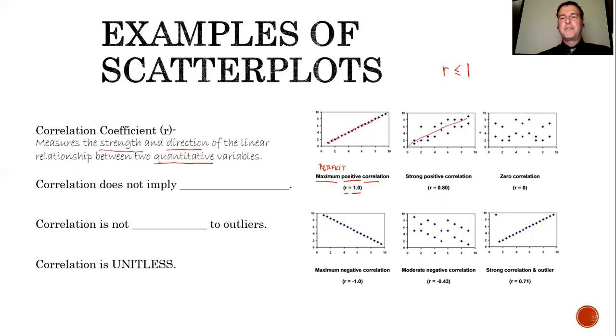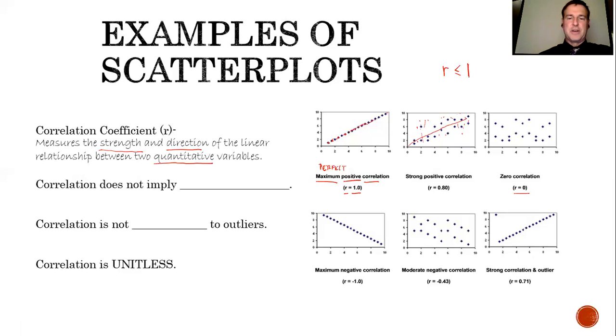If the points scattered even further, maybe I put a couple more out there, maybe it would drop to 0.6. But the idea is that if you get to a point where you can't draw a positive slope through your picture, then that's when you have 0 correlation, or r is equal to 0.